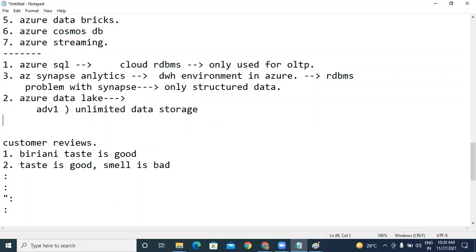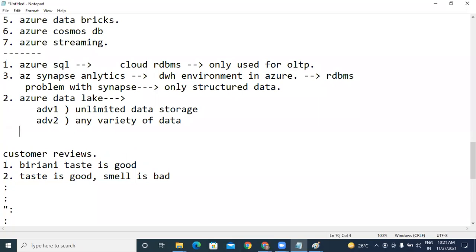And the second advantage, observe all of you, this is very important and required for us: any variety of data. If I can store any variety of data, later I can process it. What are the different varieties of data?